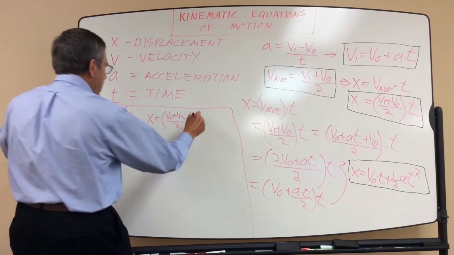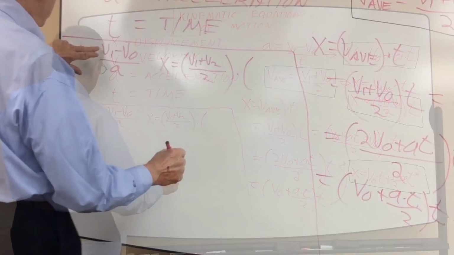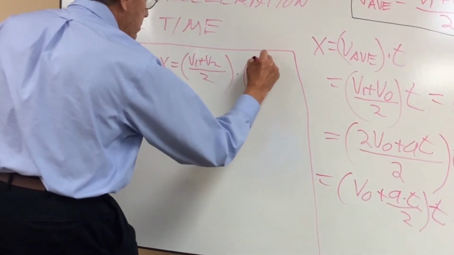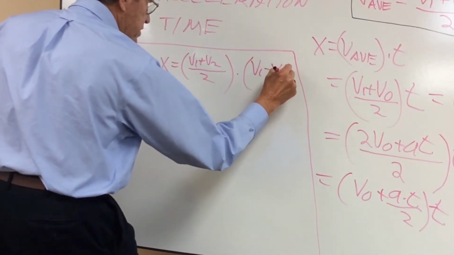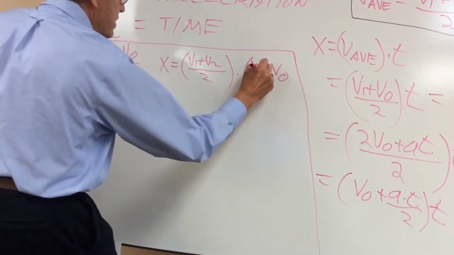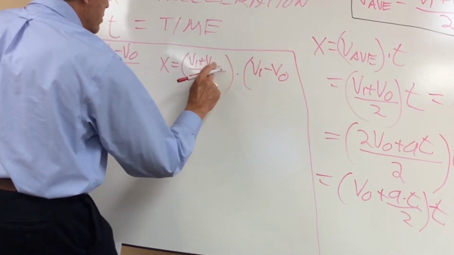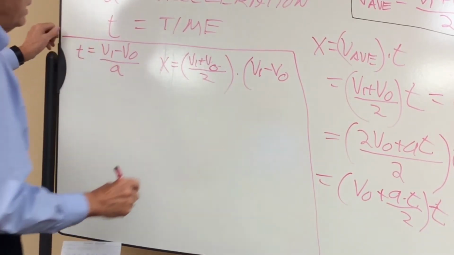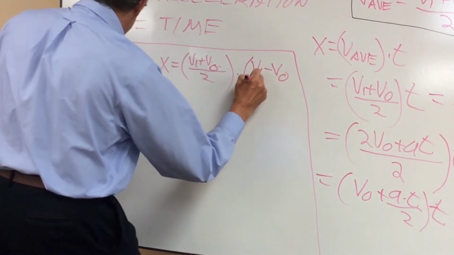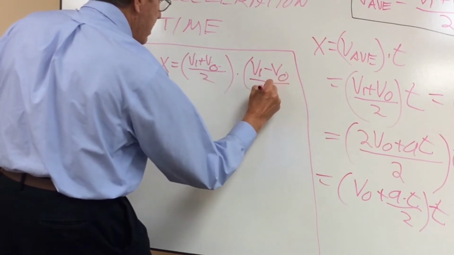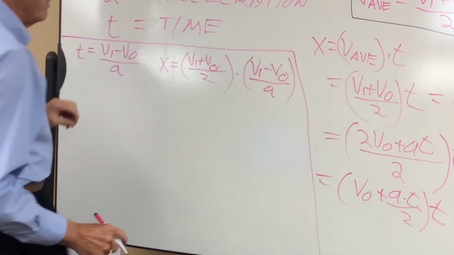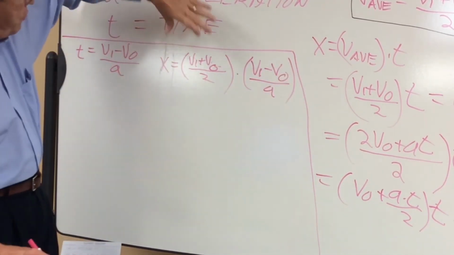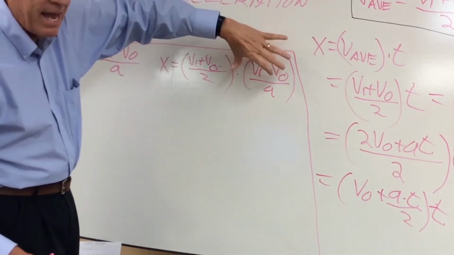So I'm going to multiply that times v1 minus v0. Why did I put 2 there? That's 0. Sorry about that. And then we'll divide this by a, and we'll close our parentheses. So x is equal to this times that.